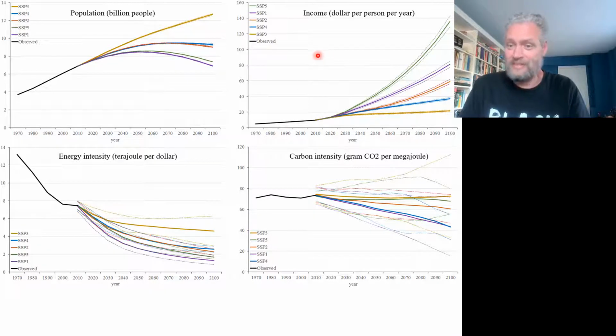Another thing I want to say about this graph is that all the lines are going up. The most pessimistic scenario sees per capita income more than double in 8 years' time, which seems optimistic for the most pessimistic scenario.